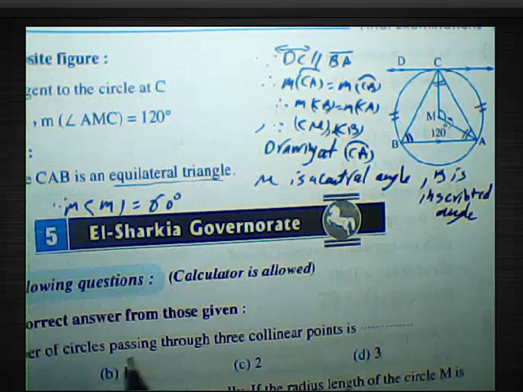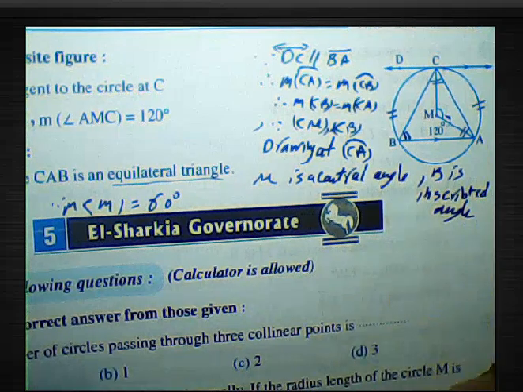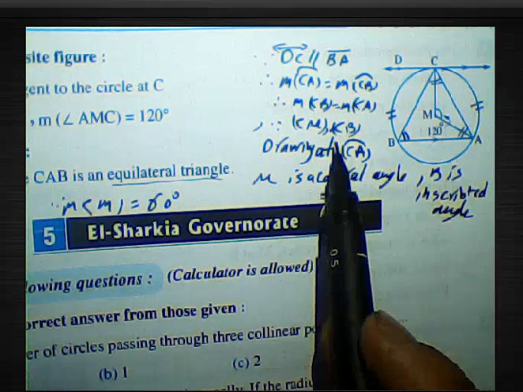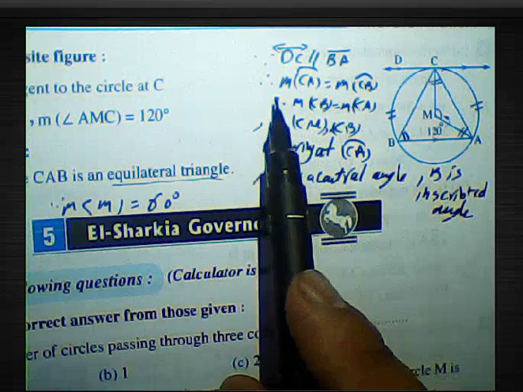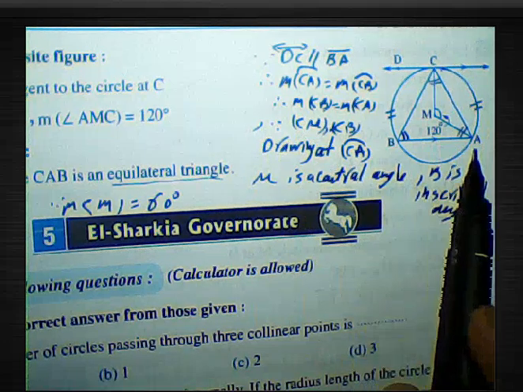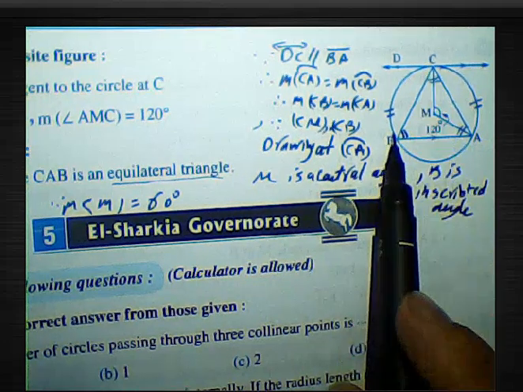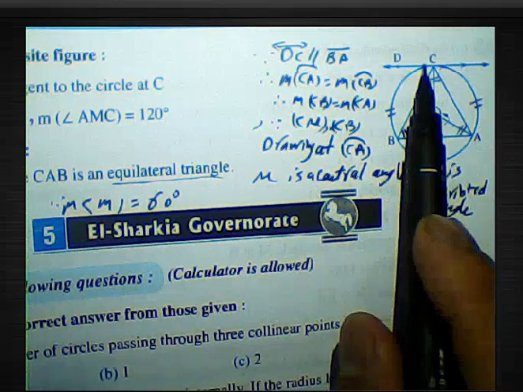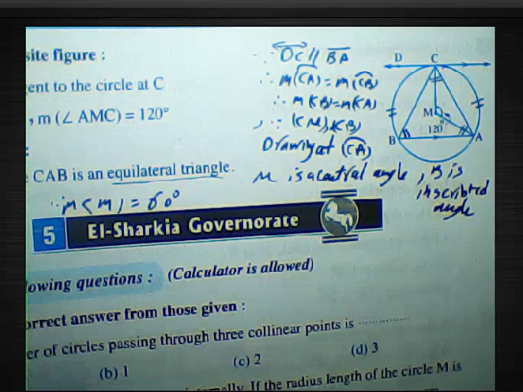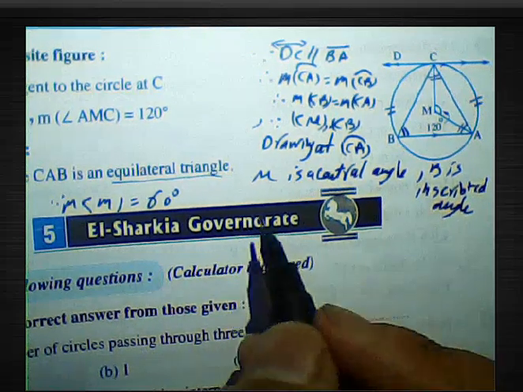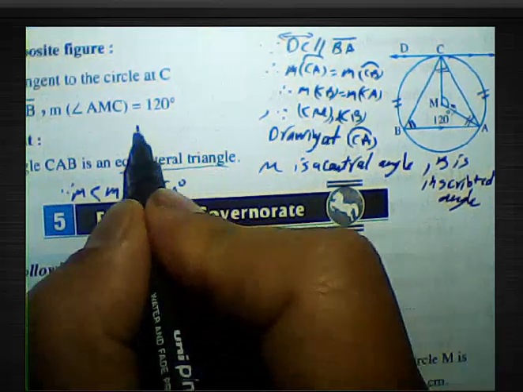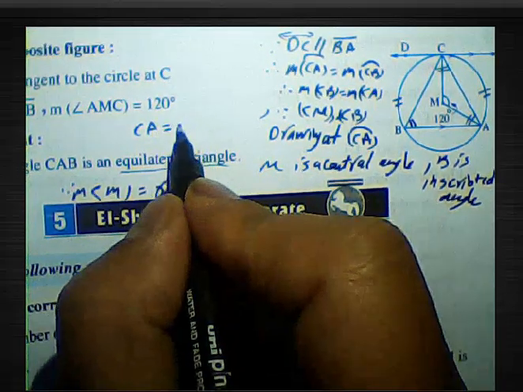and we have an isosceles triangle because CA equals CB, then the chord CA equals CB, and CA was equal to CB.